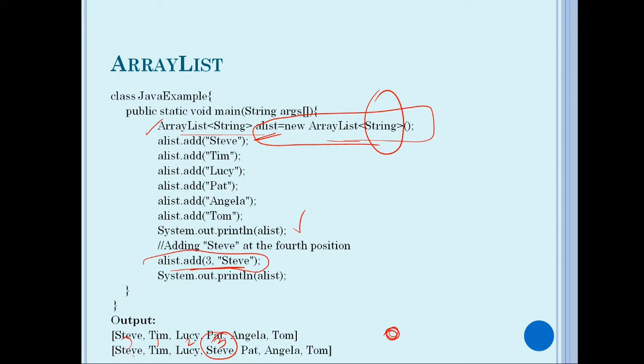Instead, it is going to place the Steve at the third index, and it's going to move or push the remaining elements to further places. So now Pat will be at index 4. Previously it was at index 3, but because we put something in index 3, the elements will be pushed further, and the list itself will grow.